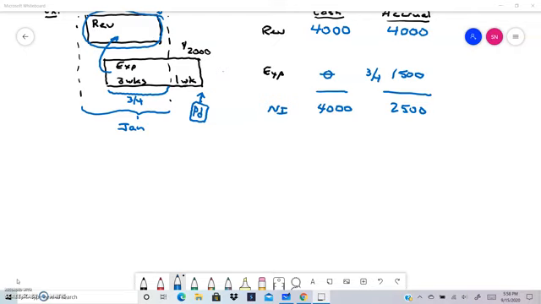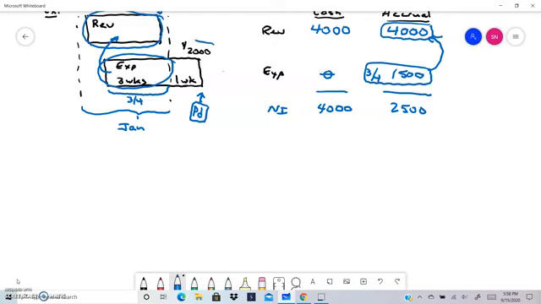So in this case, we had 3 weeks of expenses that were necessary to produce that revenue. We recorded revenue of $4,000, which was earned, but we also incurred 3 weeks of expense that was necessary to generate that revenue, and therefore we have to record that expense.